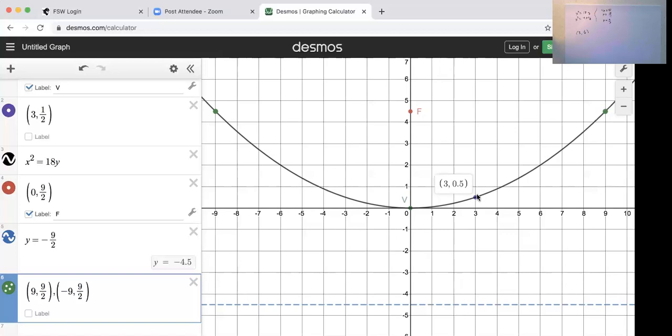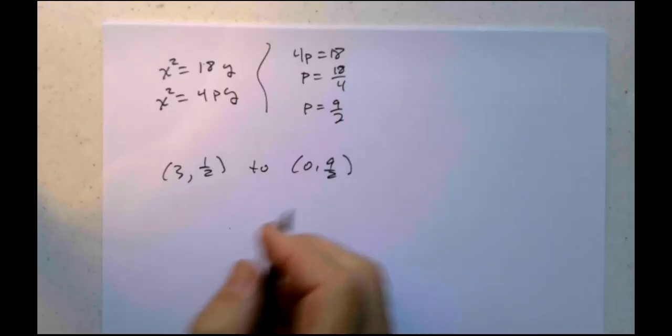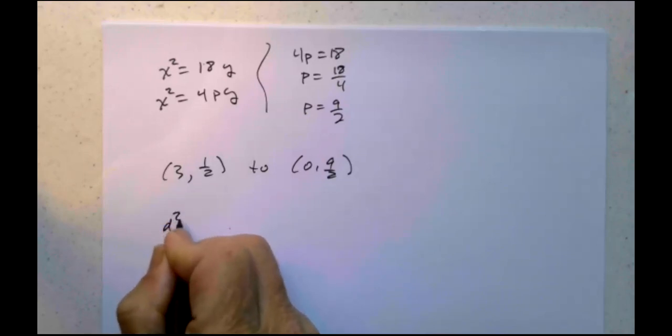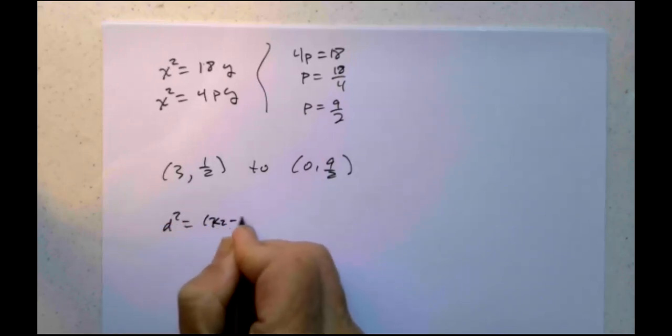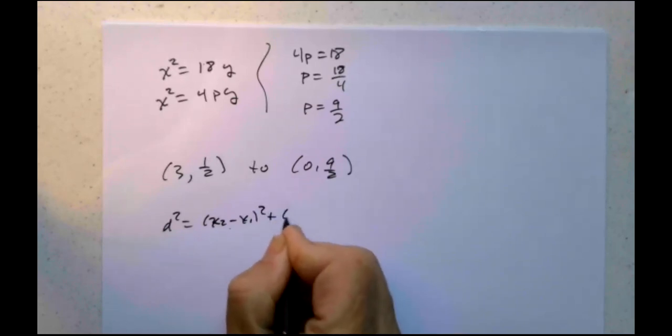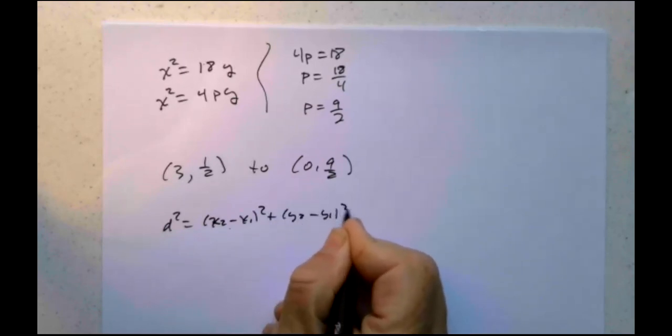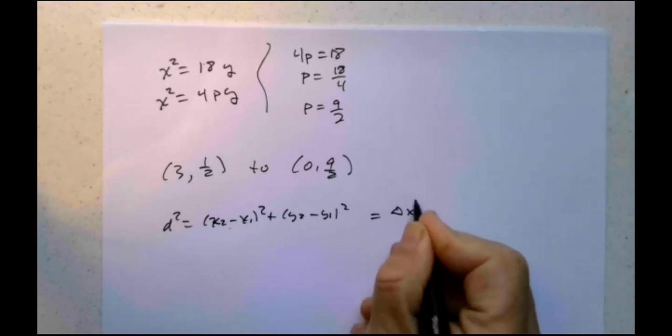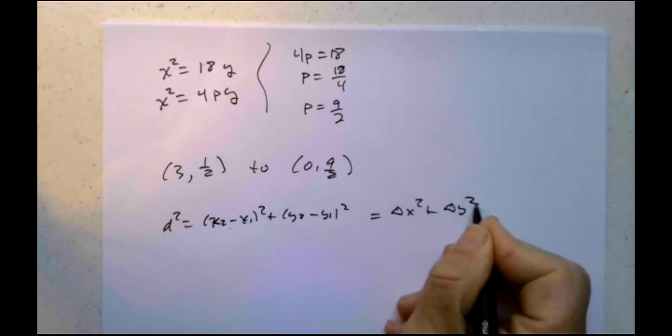So how about the distance from (3, 1/2) to the focus, which is at (0, 9/2)? Let's convince ourselves that that distance is also the same. So how do I find that distance? Distance squared is x2 minus x1 squared plus y2 minus y1 squared, or as I prefer, change in x squared plus change in y squared.